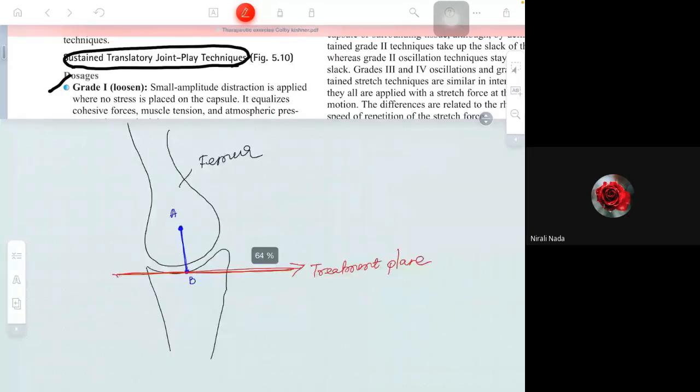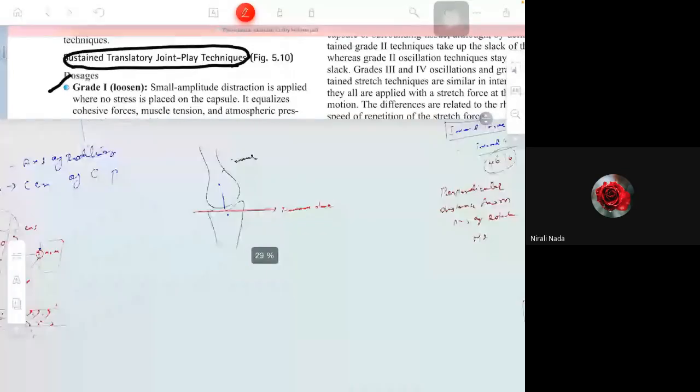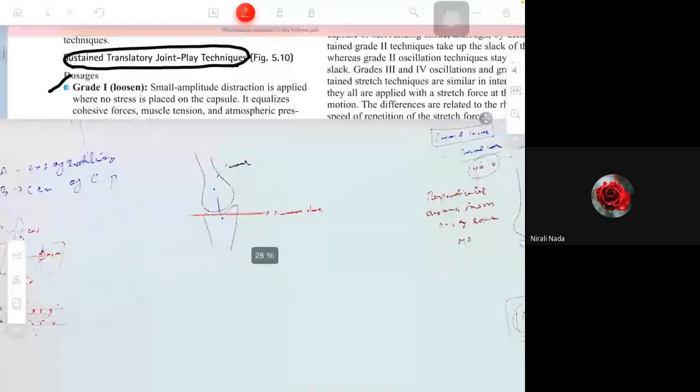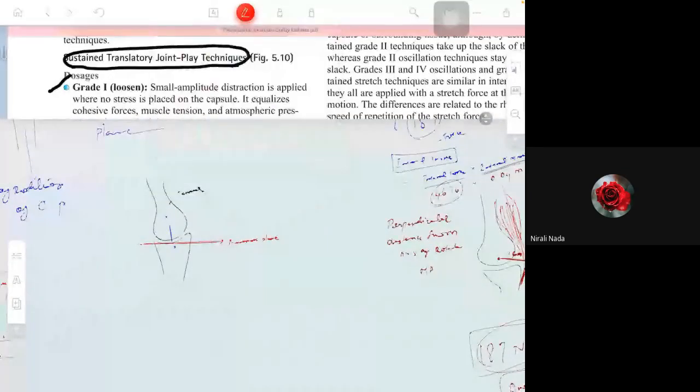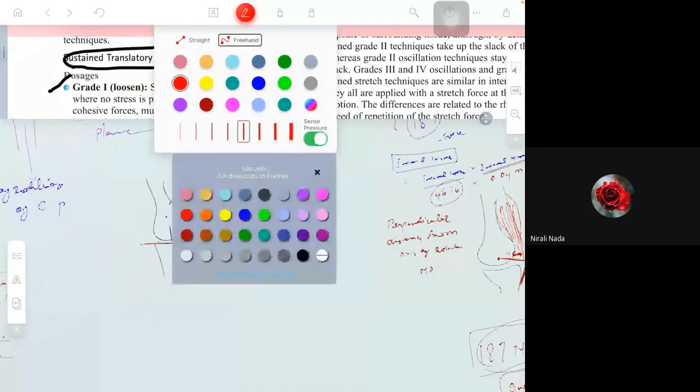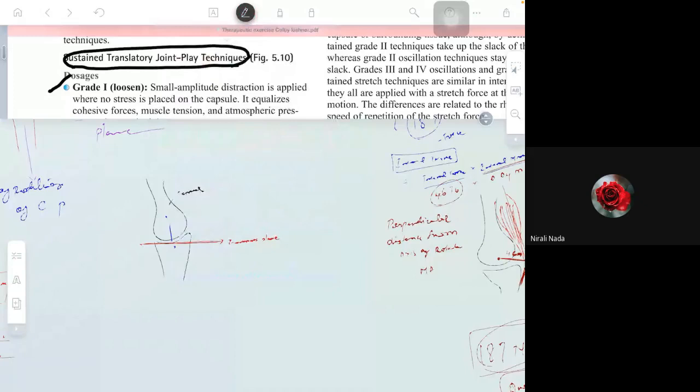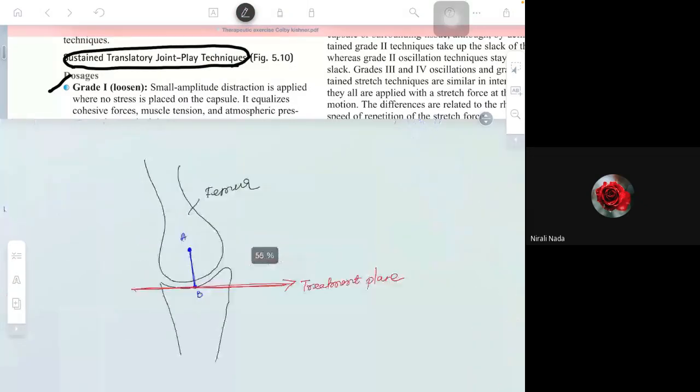Okay. I will show one more diagram. Last, because I'll make sure you understand this. Now what is the position of the knee? It is in extended position, 0 degree.